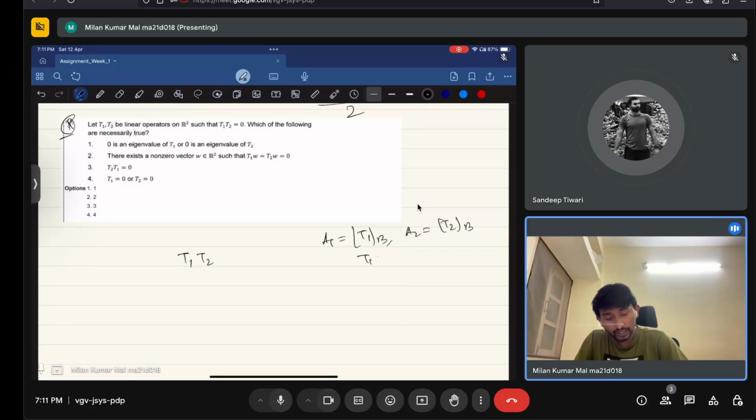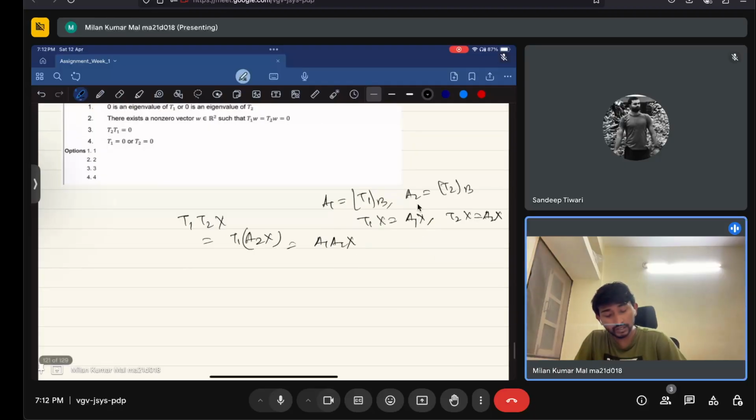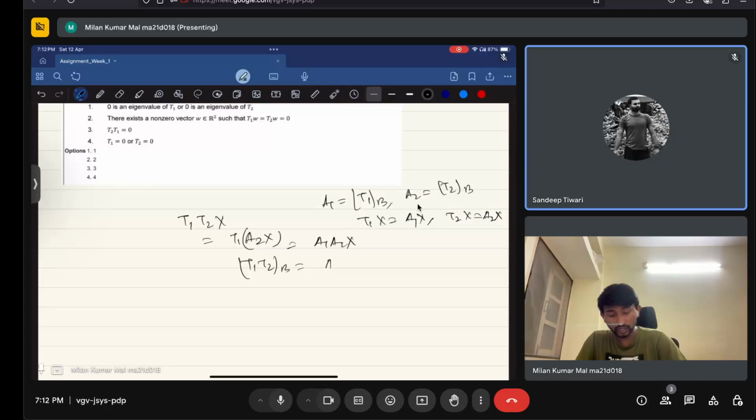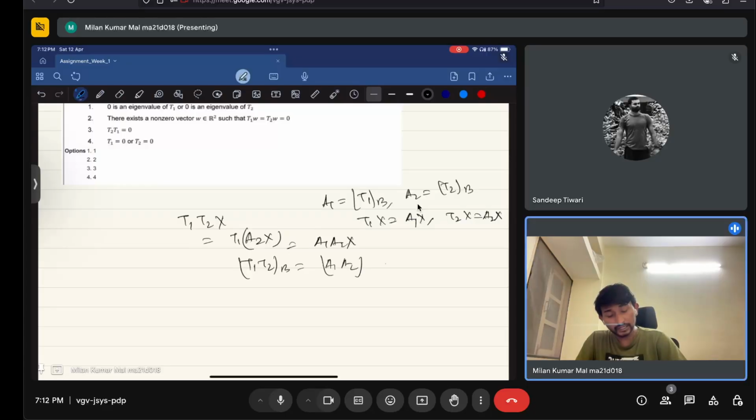then T1 x equals A1 x and T2 x equals A2 x. So T1 T2 x equals A1 A2 x. Therefore the matrix representation of T1 T2 with respect to the standard ordered basis is A1 A2. But what we have is that it equals 0.